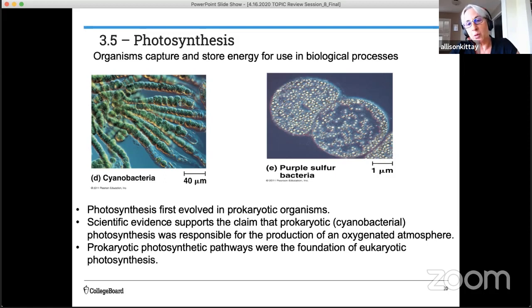In the image on the right, we have purple sulfur bacteria, and they have a prokaryotic photosynthetic pathway that uses a different pigment to capture energy. You may have heard of this. It's called bacteriorhodopsin, as opposed to the chlorophyll pigments that we see in eukaryotic photosynthesis.